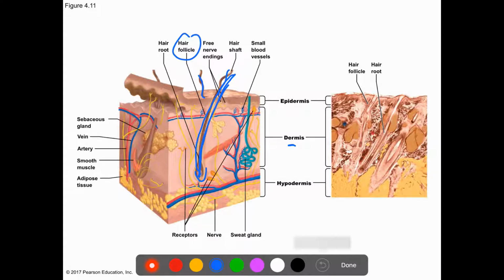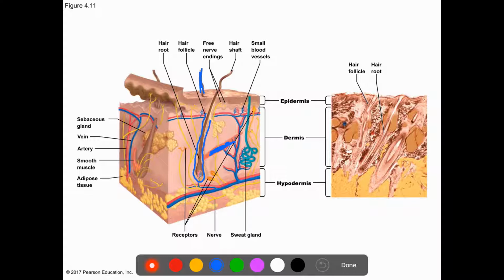So this is the hair follicle, which keeps the hair inside. We have also smooth muscles. These attach to the hair follicle, and usually they are responsible for raising the hairs to an upright position. They are responsible for goosebumps when you are cold.